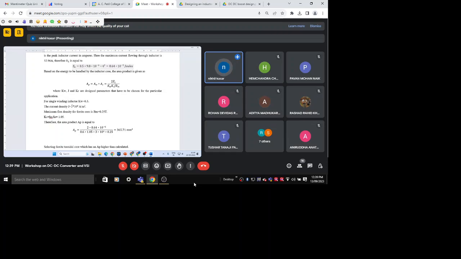For the same type of core, the Bm value is to be selected. Talking about magnetic flux, magnetic flux is present as flux linkages per unit area.